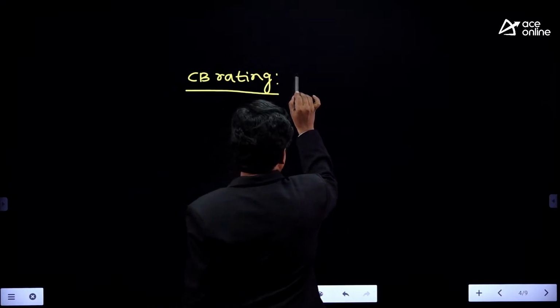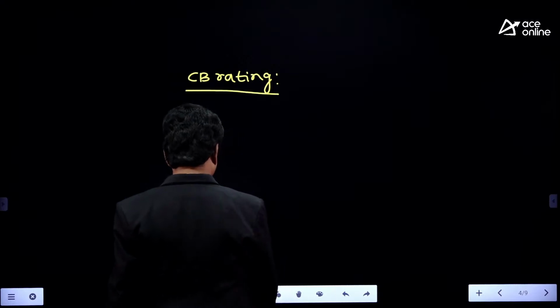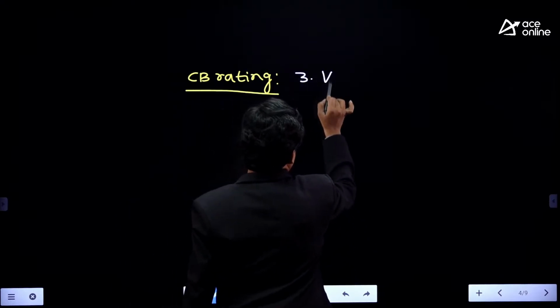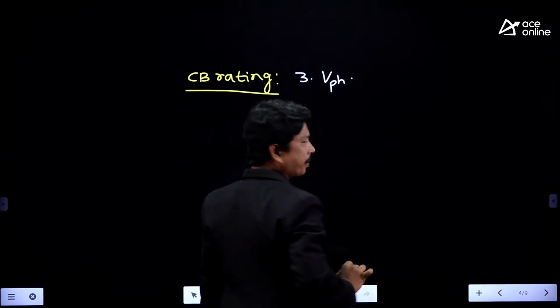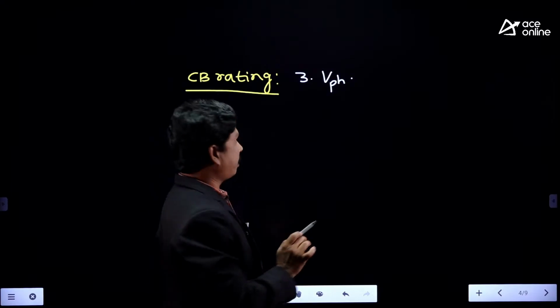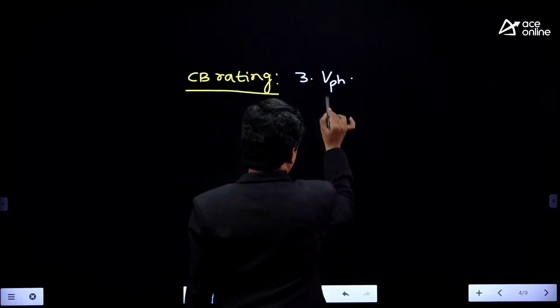So that should be 3 times the phase voltage into the current. This phase voltage should be the rated voltage of the system.